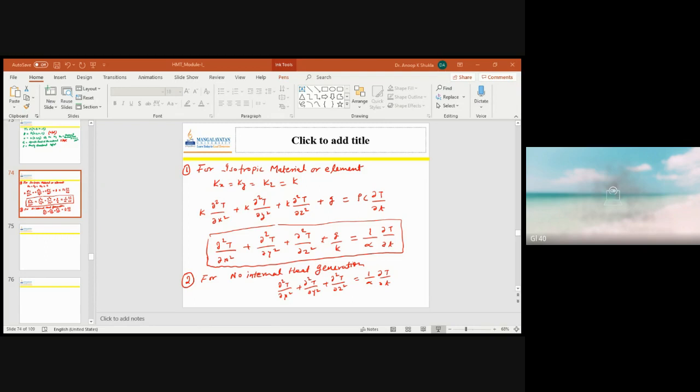Now, if in the material there is no heat generation, it becomes the fourth case: steady state and no heat generation.